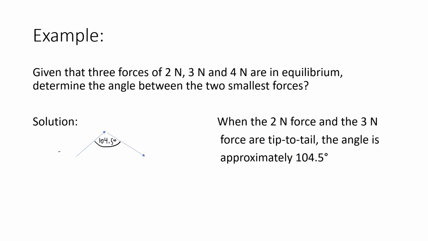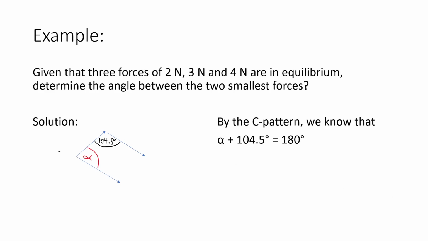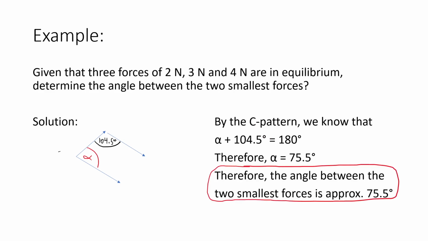So 104.5 degrees is the correct answer to that diagram. But if we put them tail to tail, that alpha is going to be roughly 75.5 degrees. There should actually be a couple of approximately symbols here. So we can say the angle between the two smallest forces, the 2 Newton and 3 Newton force, is roughly 75.5 degrees.